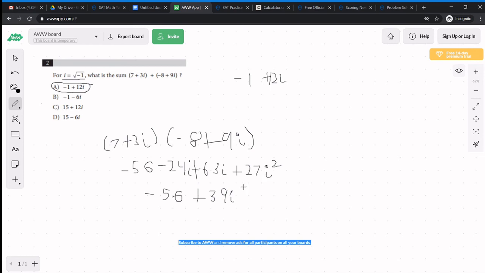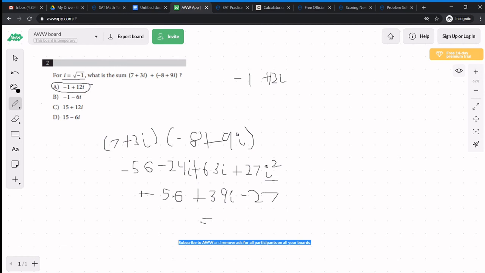And then what we have to realize is i squared is the square root of -1 squared. So i squared is going to be equal to -1. So instead of it being plus 27i squared, it's going to be minus 27.